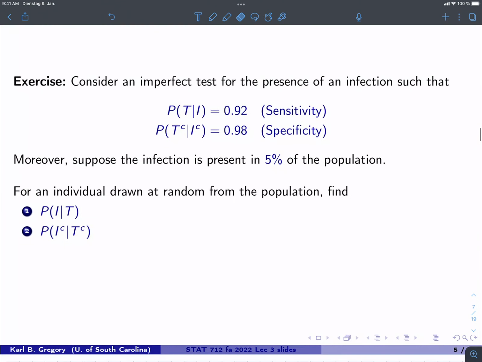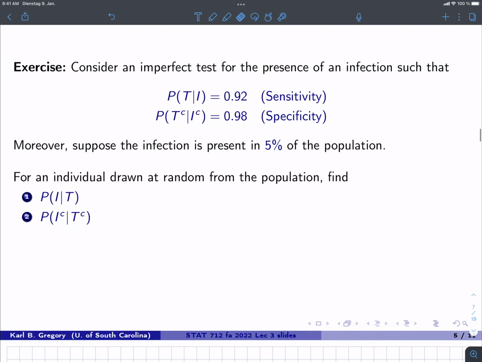Let's use baby Bayes' rule to do an interesting exercise. When we think we are sick with something, we can maybe get tested to see if we have an infection. And these tests that we use are never 100% reliable.